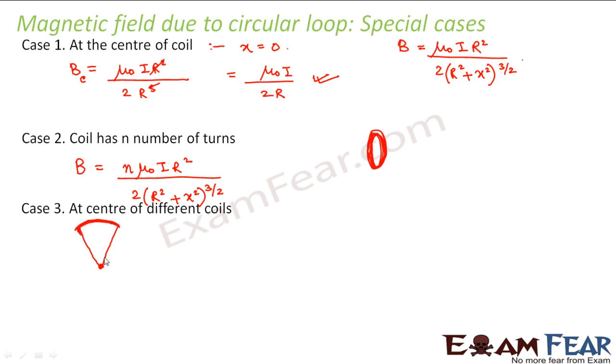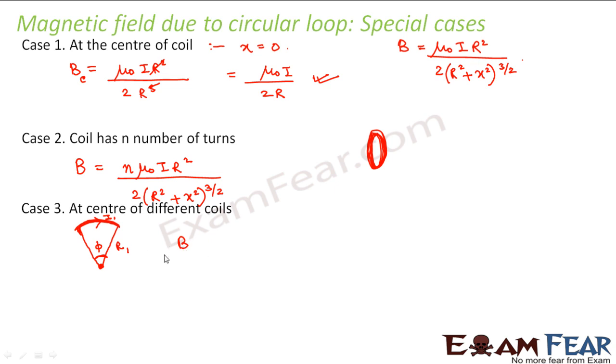In that case, this is not a circle, but if you know the angle which it subtends at the center, let us suppose the angle which it subtends at the center is phi, and this coil is carrying current I, and the radius of this coil is R1. Let us say this is I1. In that case, what would be the magnetic field?